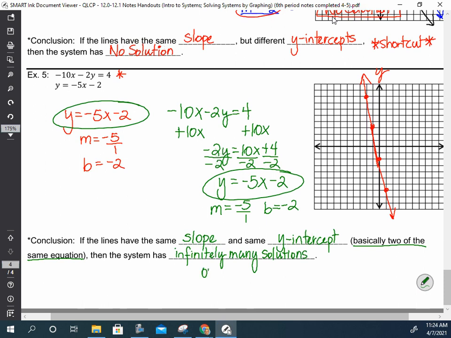Or you can write it as IMS. If you have two of the same equation, it's infinitely many solutions. You might have to do a little work to see that that's actually the case. But two of the same equation, infinitely many solutions. There you go. You keep it moving.